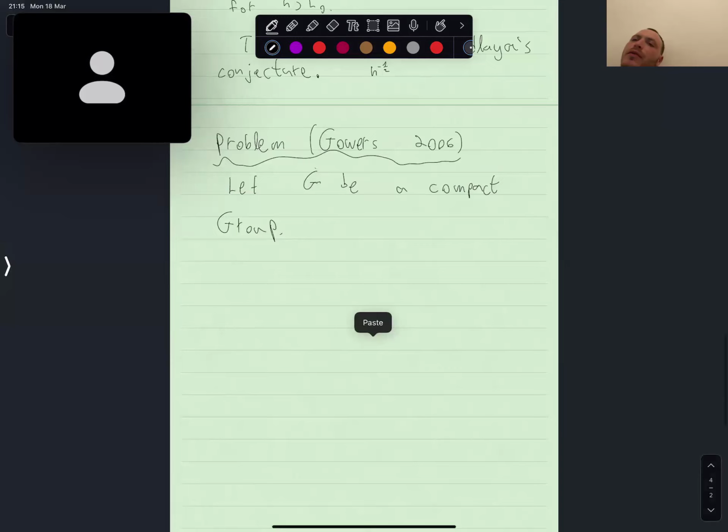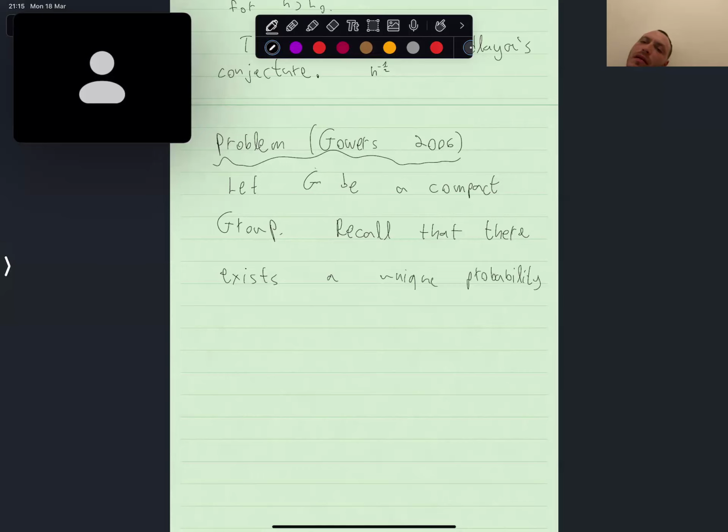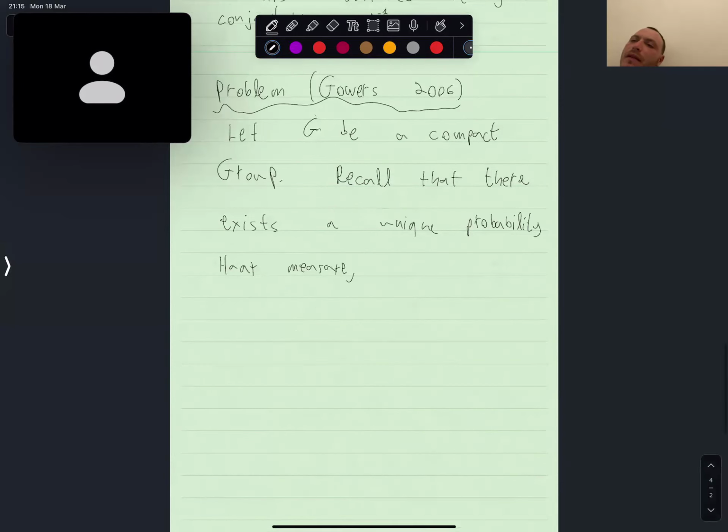So if G is a compact group, recall there exists a unique Haar measure, probability Haar measure, which means that it's both left invariant and right invariant.